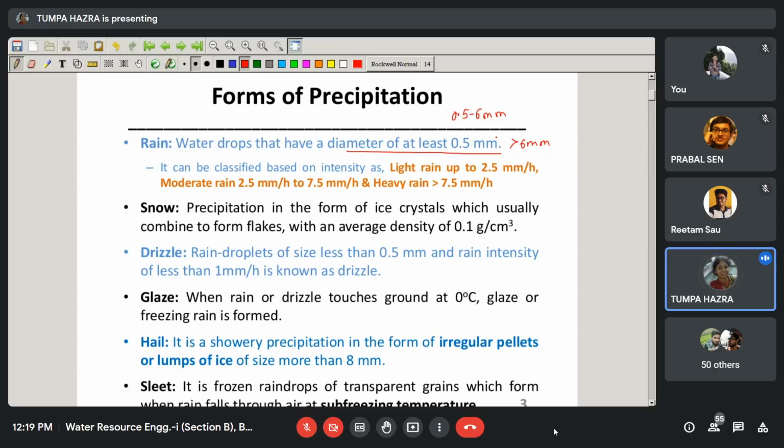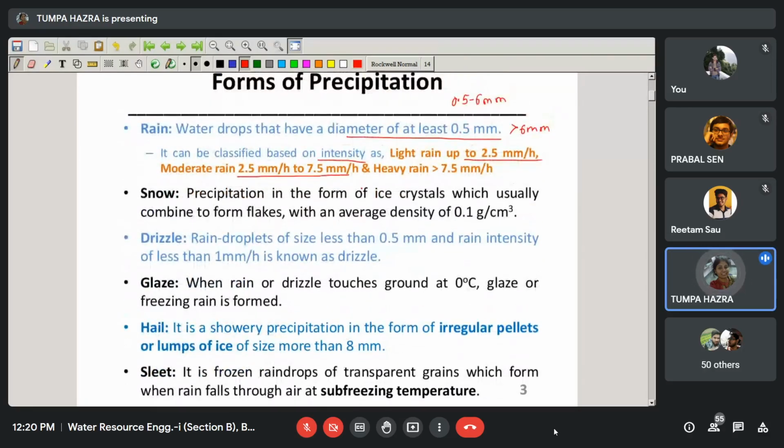Therefore the rain can be classified based on the rate of rainfall, that is known as intensity of rainfall. Whenever the rate of rainfall is less than 2.5 millimeter per hour for a particular areal extent, it is known as light rain. Between 2.5 to 7.5 millimeter it is known as moderate rain, and greater than 7.5 millimeter per hour is known as heavy rain.